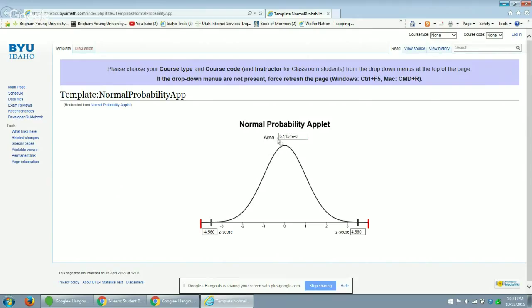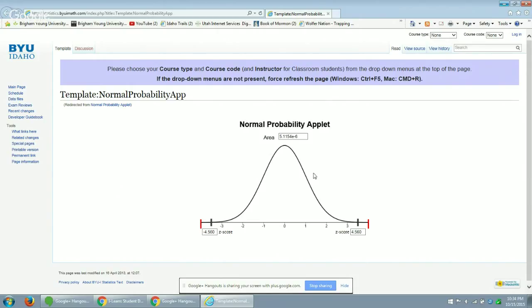And then in your reading, you'll also see on page 6 at the very bottom, it talks about what to do with this and how to put it in scientific notation. And it also continues on page 7.